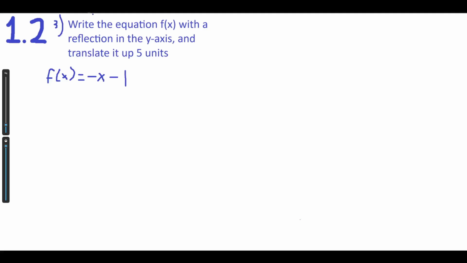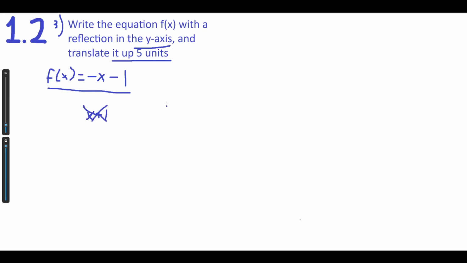Next question, number 3. Write the equation f of x, this equation here, with a reflection in the y-axis, and translate it up 5 units. So the first thing I'm seeing is a reflection in the y-axis. Like we talked about previously, we would not want to write this as x plus 1, because that would be wrong.